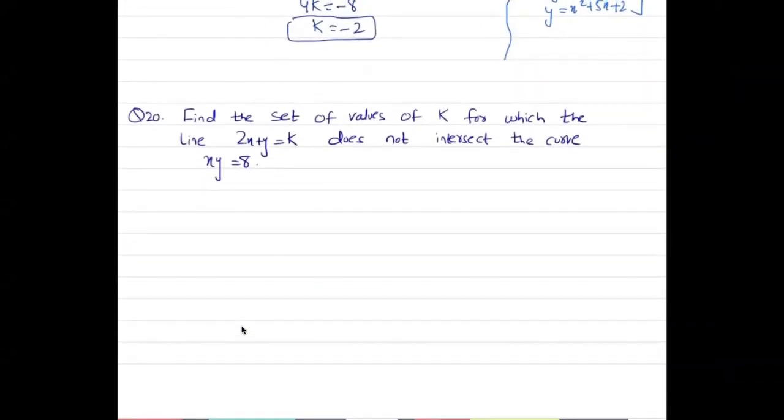Okay. Find the set of values of k for which the line does not intersect the curve. So we want our line not to intersect the curve.